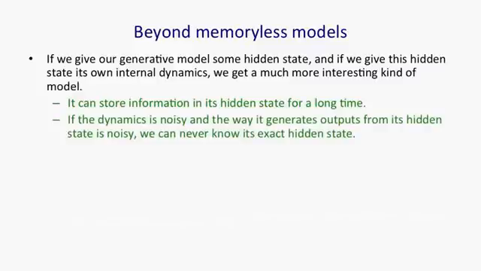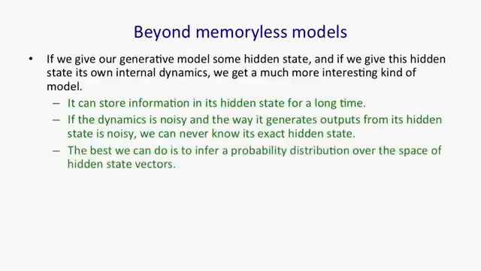If the dynamics of the hidden state is noisy, and the way it generates outputs from its hidden state is noisy, then by observing the output of a generative model like this, you can never know for sure what its hidden state was. The best you can do is to infer a probability distribution over the space of all possible hidden state vectors.